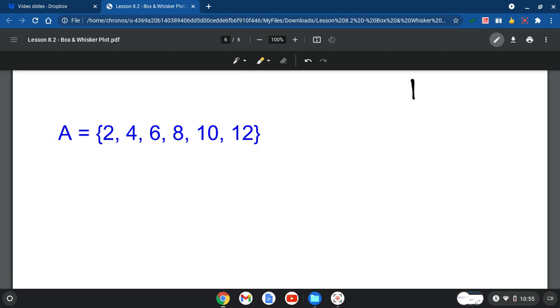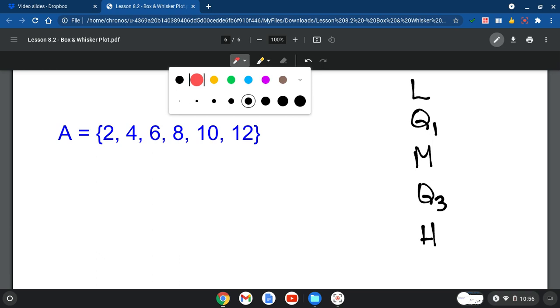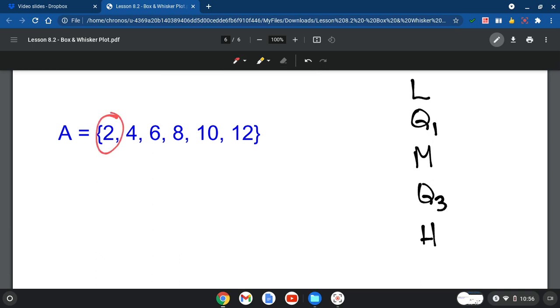We have our low, our first quartile, our median, our third quartile, and our highest value. The numbers are already in order, so I do not need to follow that step. Our lowest number is indicated here to be 2, and our highest is 12.